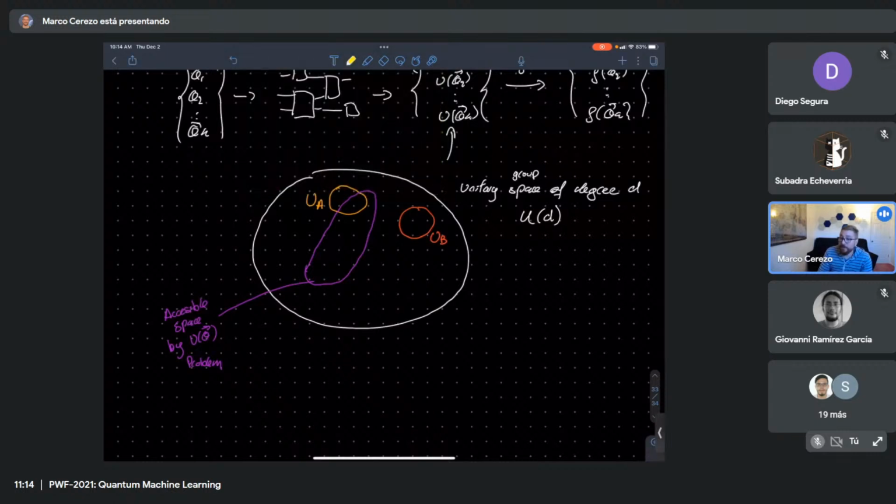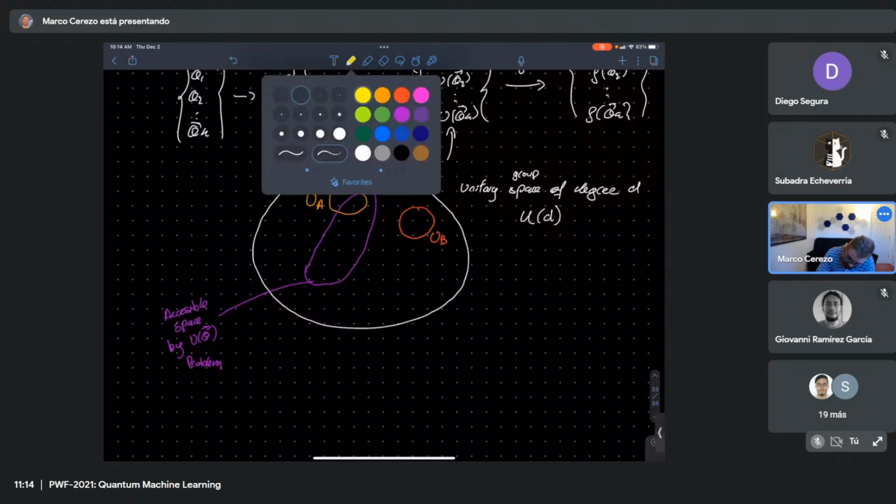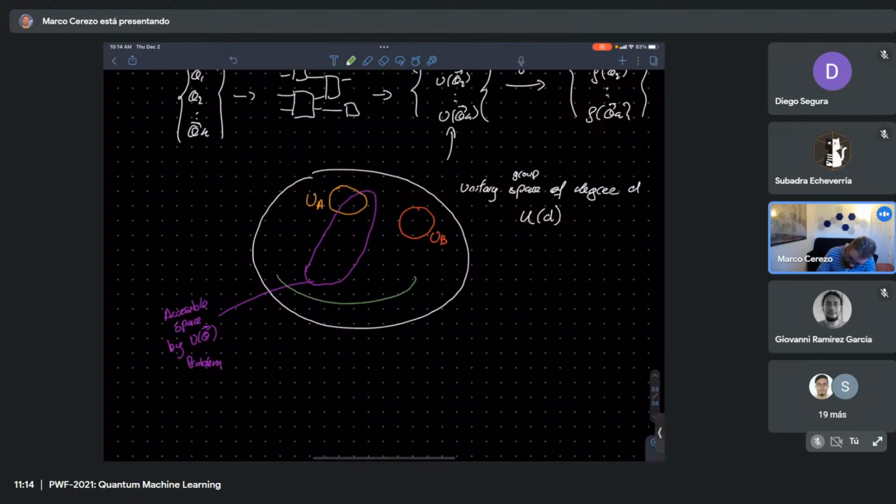Whereas the hardware-efficient ansatz is very agnostic. Maybe it looks something like this. This is going to be the accessible space of a problem-agnostic ansatz.